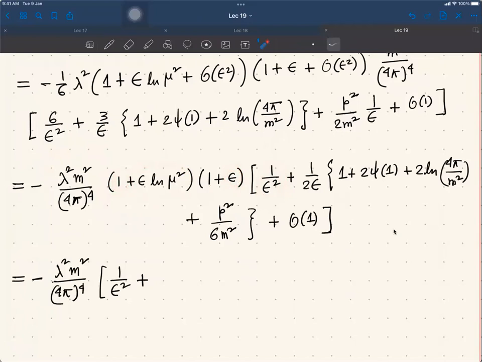Then you have to choose 1 over 2 epsilon. Those are the two contributions coming from this factor. And then if we include this factor, it has to multiply with 1 only. And so therefore, the coefficient of 1 over epsilon will be half times this, half, 1 over 2 term, and 1 coming from the 1 over epsilon squared term will give you a factor of 3 by 2.